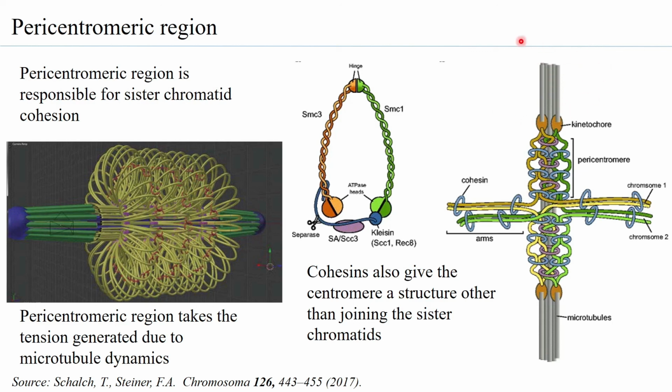So the microtubules per se are very highly active, and when they are dynamically changing their composition and structure, it is the pericentromere that takes up that stress. So it ensures that the sister chromatids do not break because of the tension generated due to the microtubule dynamics. So that is one important role associated with the pericentromeric region.